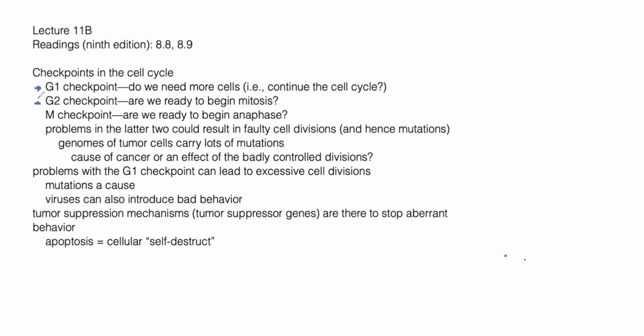We're going to be seeing three distinct checkpoints in the cell cycle, three points at which the cell cycle can be stopped. What this means is that there's an inherent tendency for the cell cycle to move forward. The only time that it doesn't cycle forward is when it's stopping at one of these checkpoints, right? And so there are three of these checkpoints.